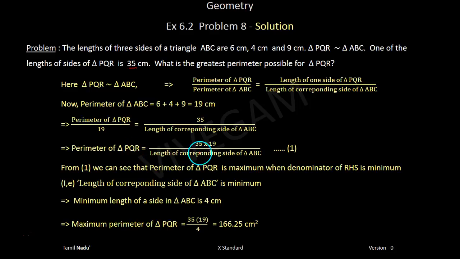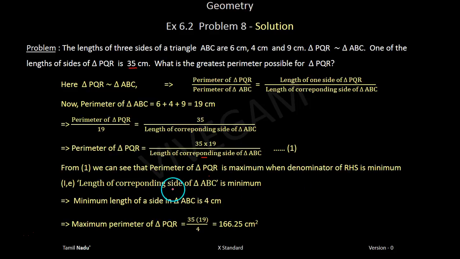Am I right? Let's say this is divided by 1, you will get 35 into 19. But if this is 35, you will get only 19. So whenever this side is minimum, you will get the perimeter of triangle PQR at a maximum value. So from this, we can see the perimeter of triangle PQR is maximum when the denominator of the right hand side is minimum.